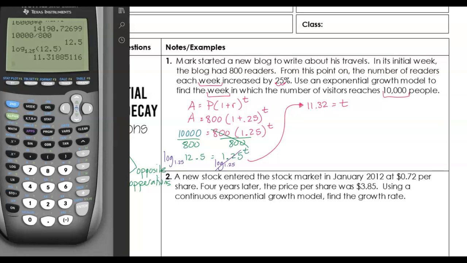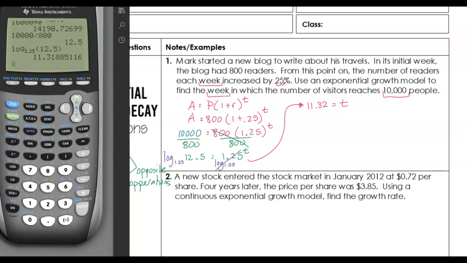If someone asks you how many weeks does it take to study for the SAT, you wouldn't say it takes 11.5 weeks.